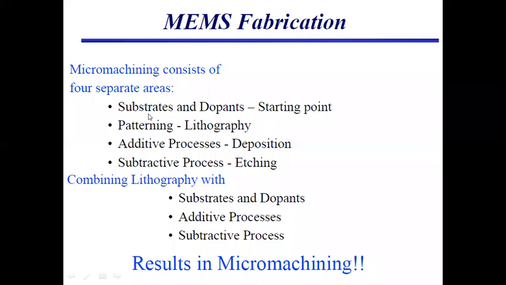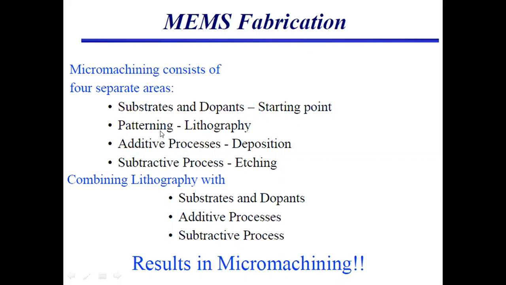In a lot of occasions, silicon is used as a substrate, and we add dopants in order to make the substrate P-type or N-type. Dopants are added depending upon the requirement of the device.